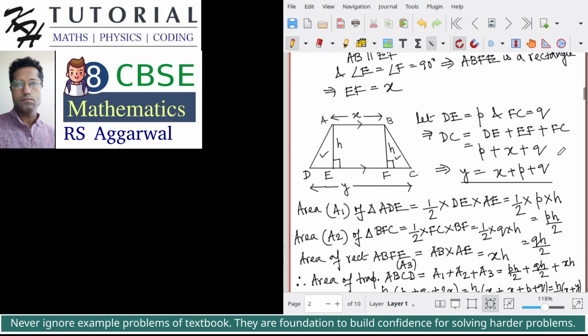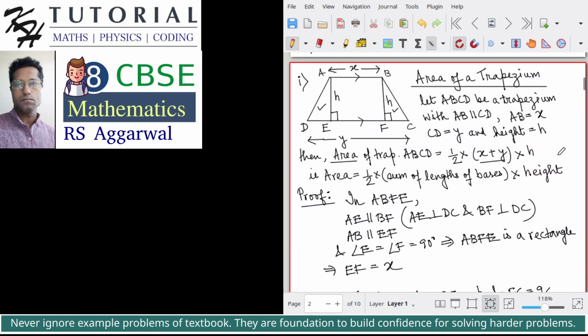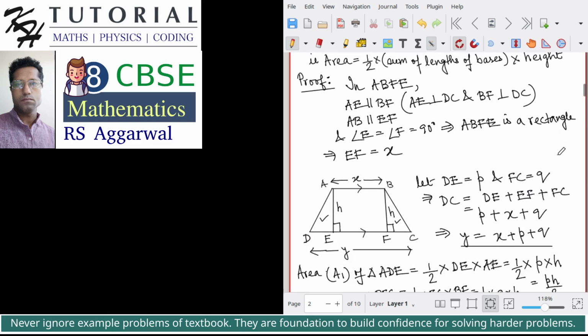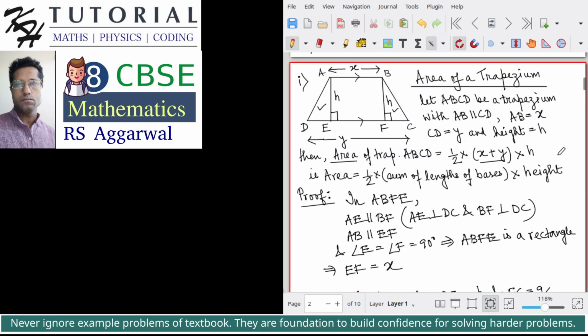Now, this proof was done based on a very simplistic general figure of a trapezium ABCD. This was easy. Now, what if this formula, half into sum of the bases multiplied by height, will be the same irrespective of the shape of the trapezium.